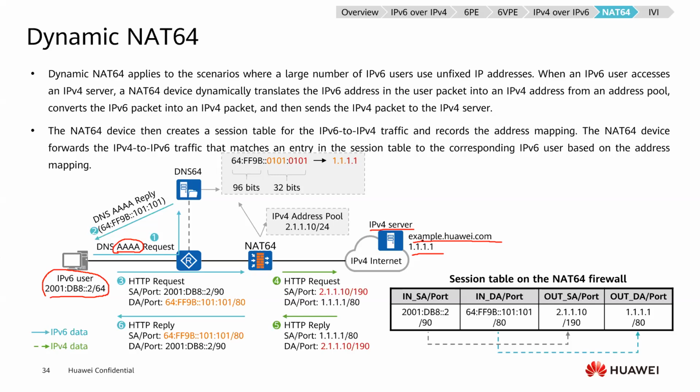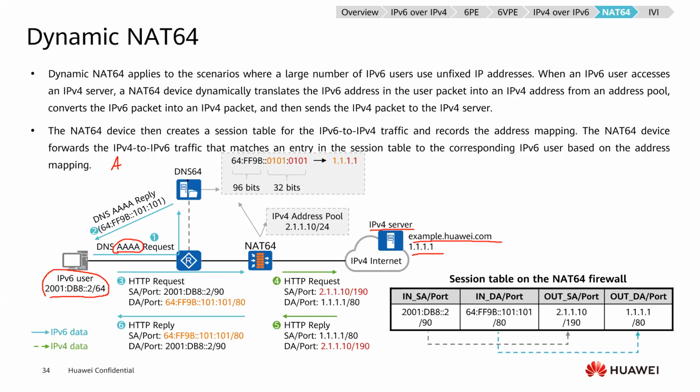This request contains example.huawei.com, and it wants to receive the IPv6 address of the server. The AAAA record maps a host name or domain name to an IPv6 address, and the A record maps the domain name to an IPv4 address. This is for IPv6, and this is for IPv4.